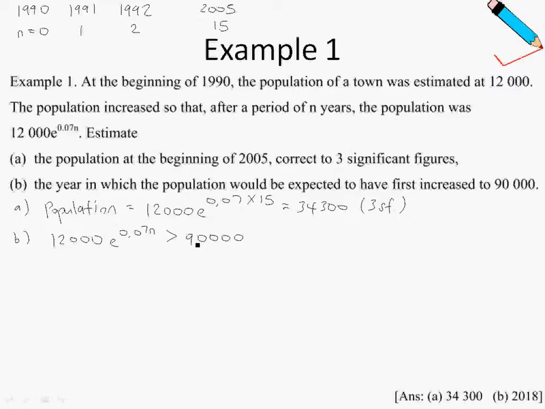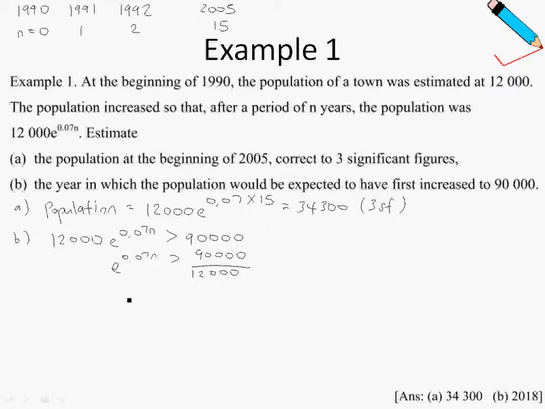The reason is because I want the population to exceed, or first increase to, 90,000. So I will first divide by 12,000. So this will be greater than 90,000 divided by 12,000.